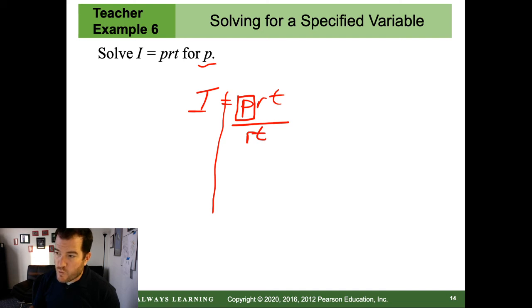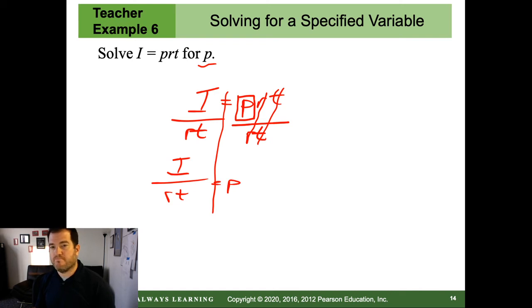I can do that at once because everything is being multiplied. So these are going to simplify, and my answer is just I over RT is equal to P. And I'm done. As long as they're being multiplied, you can divide everything at once.